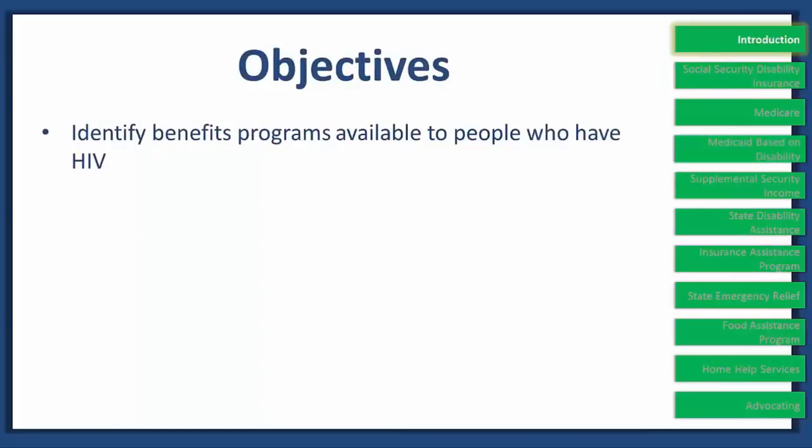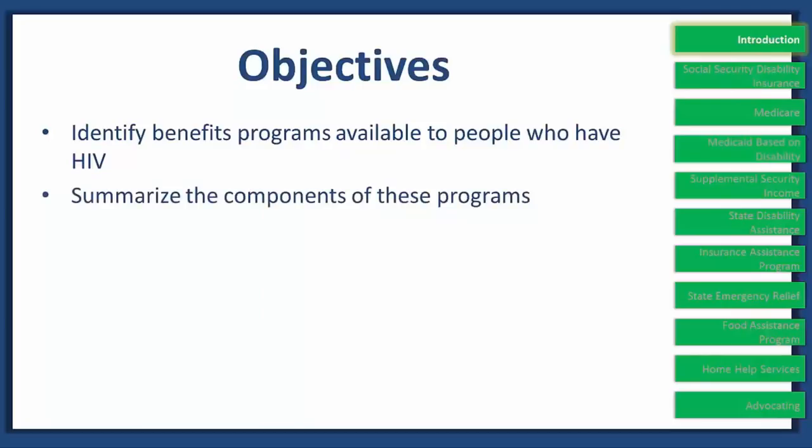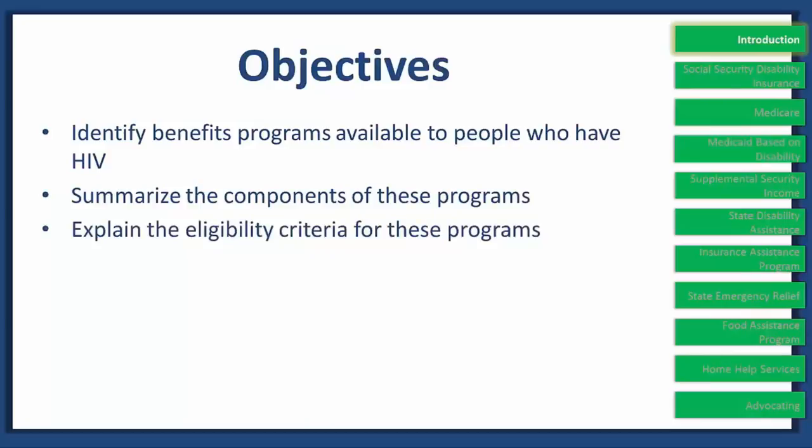By the end of the webcast, you will be able to identify the benefits programs that are available to people who have HIV, summarize the components of these programs, and explain the eligibility requirements for these programs.